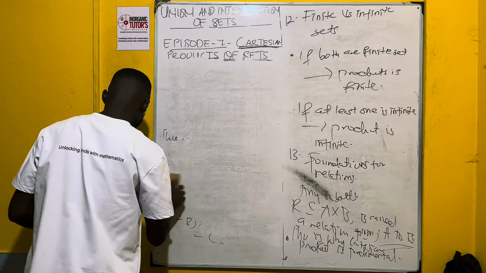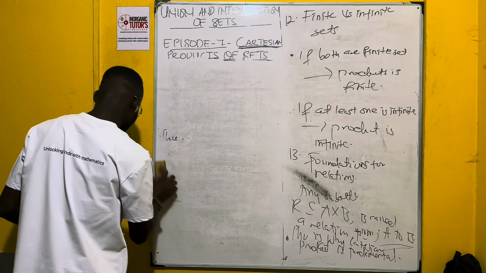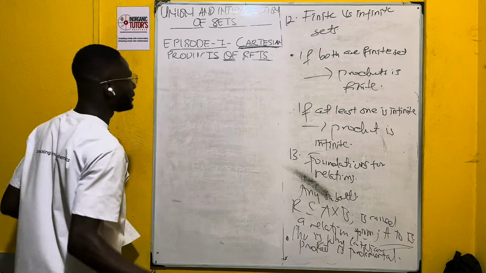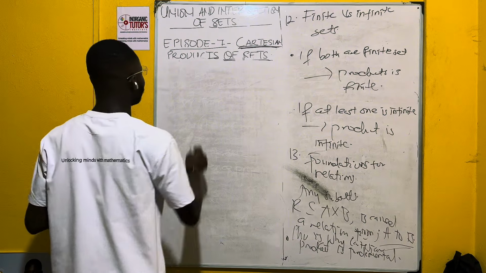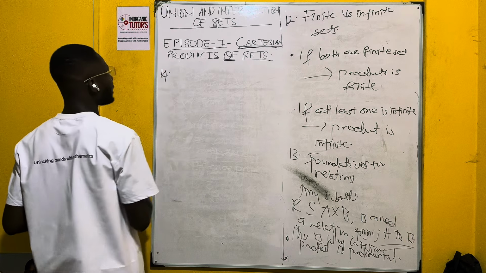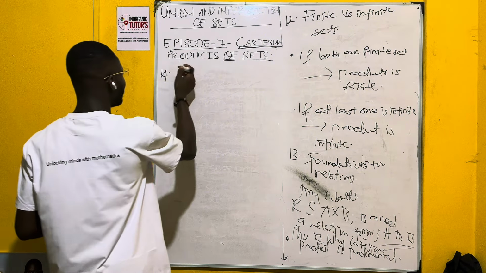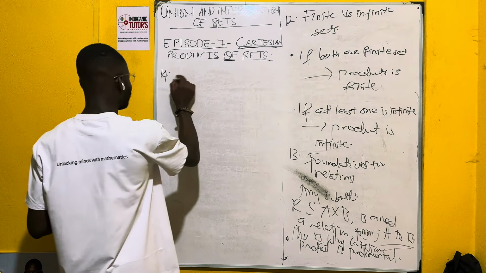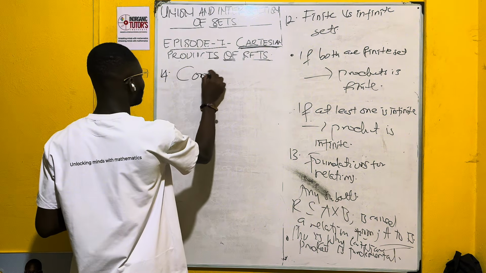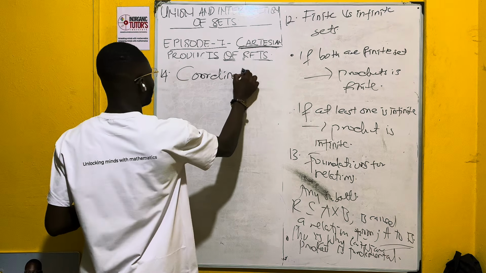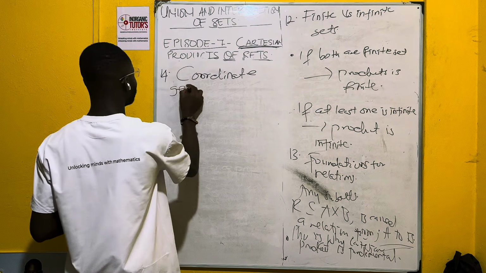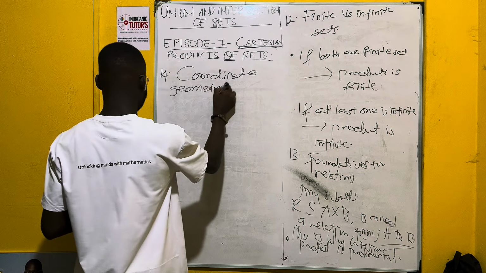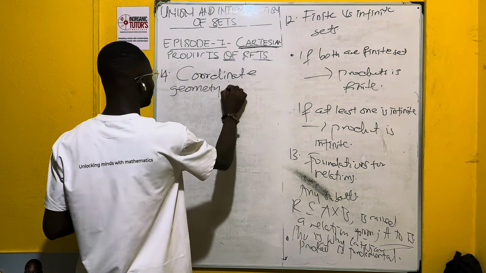So we are going to look at the last property, or the last characteristic, then we start solving problems. The 14th property is the coordinate geometry interpretation.